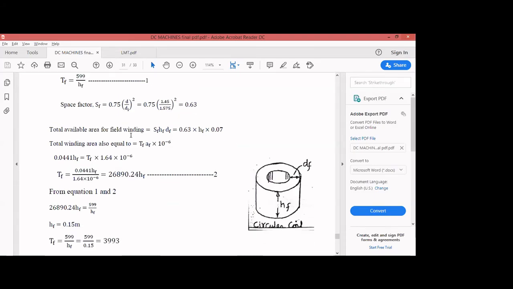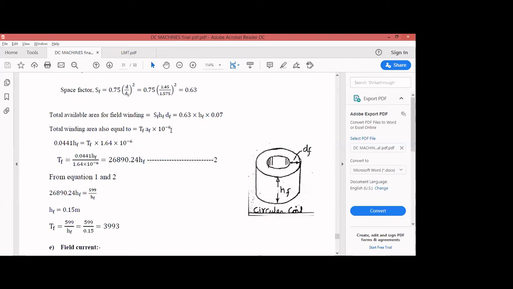Total available area for the field winding, same thing, SF, HF into DF. So this is HF, this is DF. SF is nothing but the space factor for the circular conductor. Space factor, SF, HF into DF: 0.63, HF I don't know, into DF I know, 0.07. Also the total area of the winding is equal to TF into AF into 10 power minus 6. So I am converting into meter here.